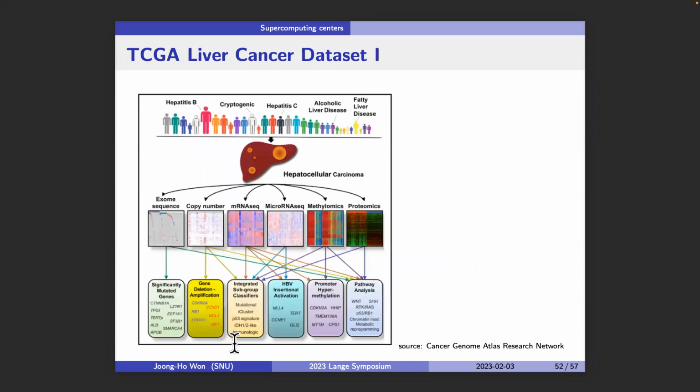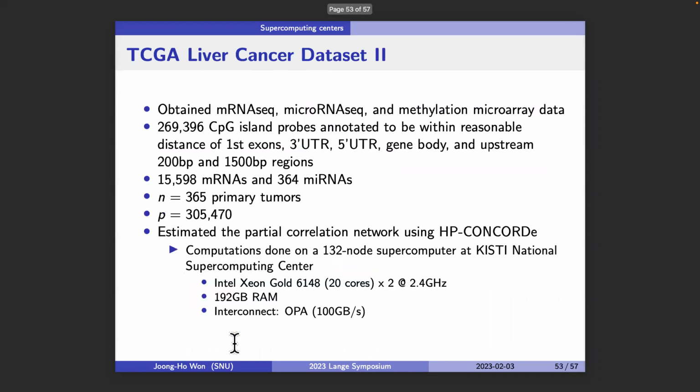So I applied that to some data analysis for cancer data, liver cancer data from TCGA. The data is obtained from mRNA sequencing, microRNA sequencing, and DNA methylation microarray data. In a nutshell, it's a 300,000-dimensional problem with a sample size of, say, 365.